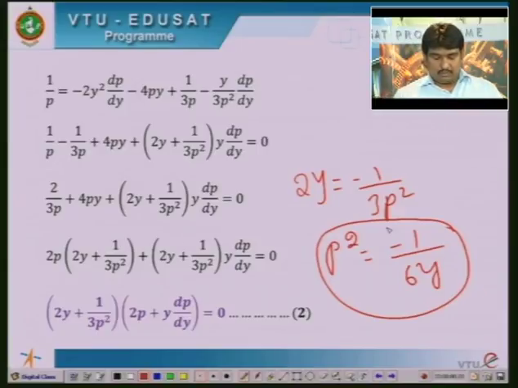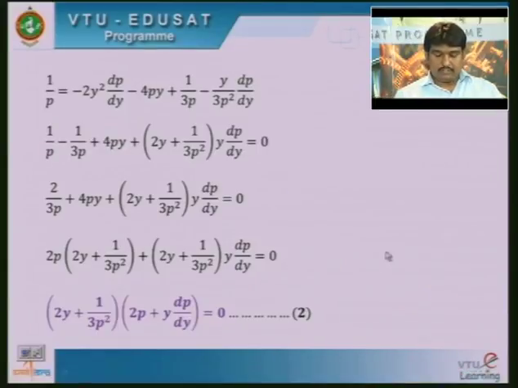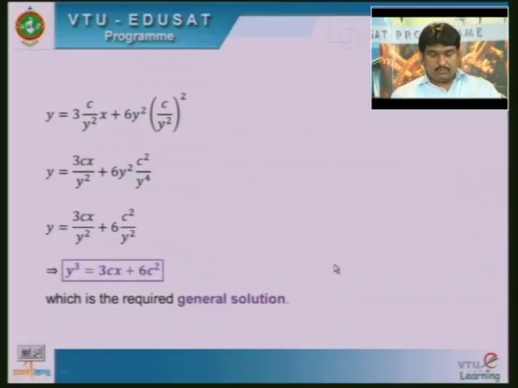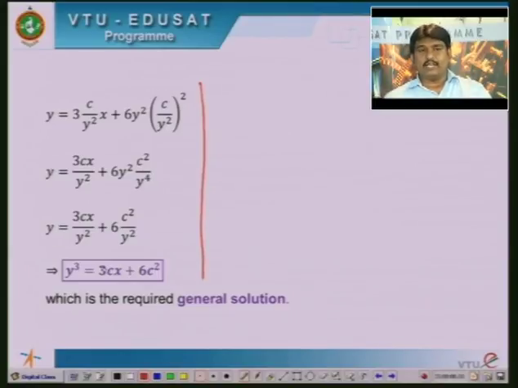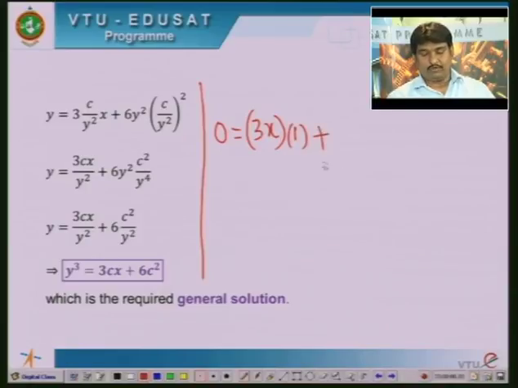It is from the general solution. The general solution of the differential equation is y cube equals 3cx plus 6c square. Now, if singular solution is asked, you have to differentiate this equation with respect to c, treating x and y as constant. The derivative of y cube is 0, that equals the derivative of 3cx, which is 3x, constant into derivative of c is 1, plus the derivative of 6c square, which is 12c.